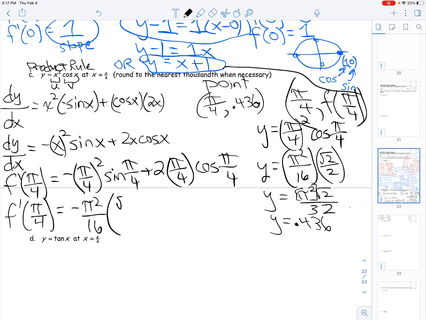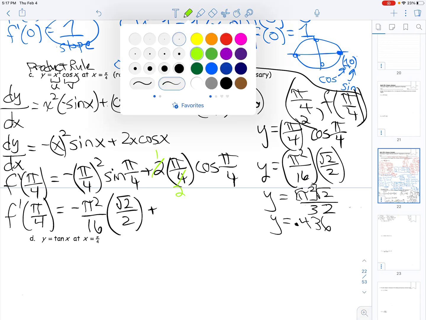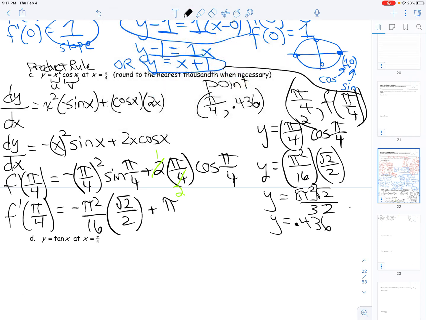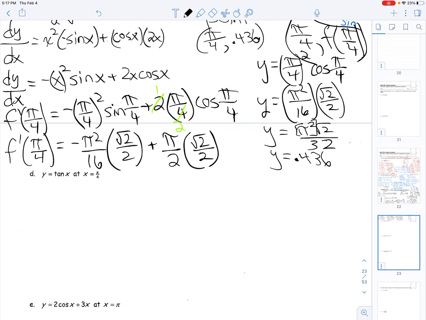So f prime of pi over 4 is going to equal negative pi over 4 squared, which is pi squared over 16 again, times sine of pi over 4, which we said was radical 2 over 2. Then 2 times pi over 4, you could do 2 over 4 to 1 over 2 if you want, will be pi over 2, times cosine pi over 4, radical 2 over 2. Let me clean this up a little bit.